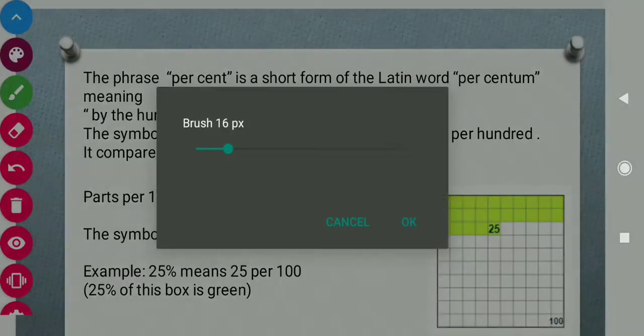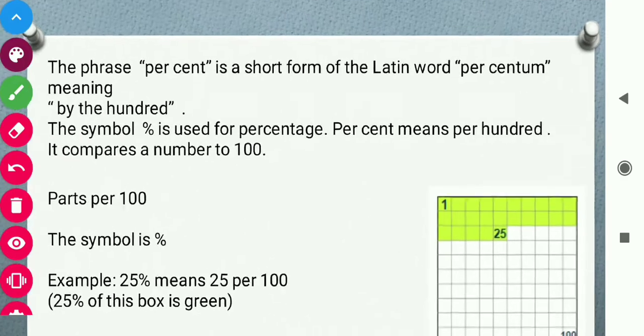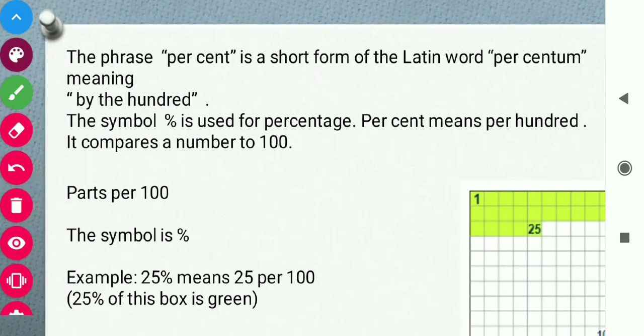First of all, we'll come to know the phrase percent. The phrase percent is a short form of the Latin word percentum, which means by 100.